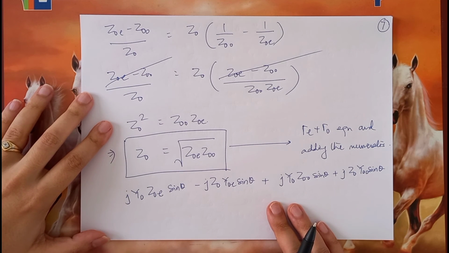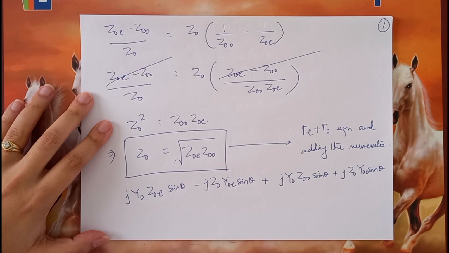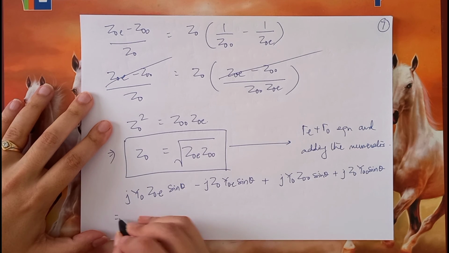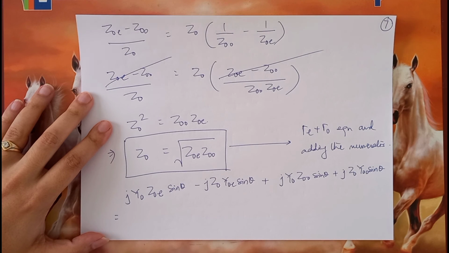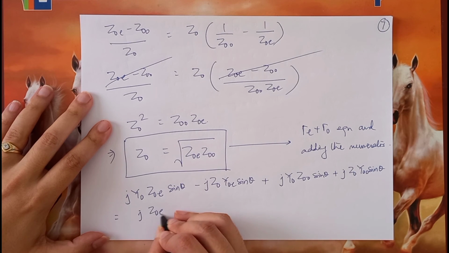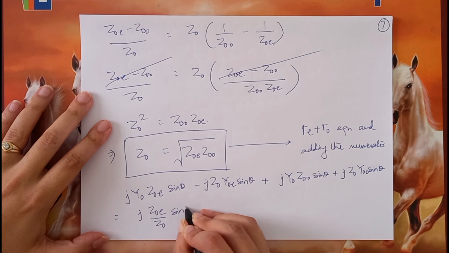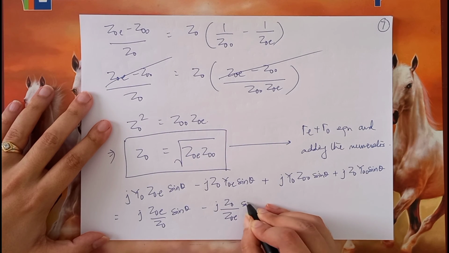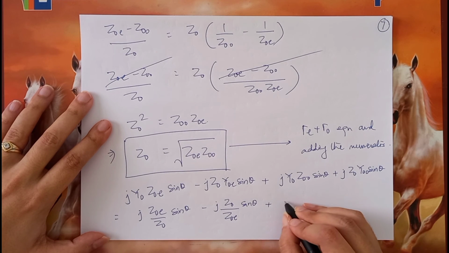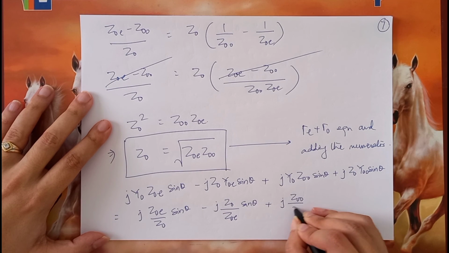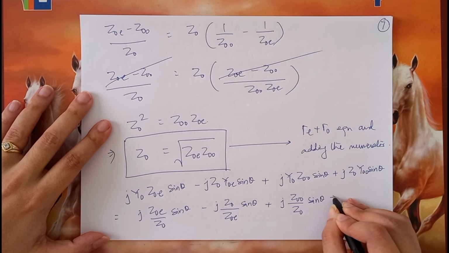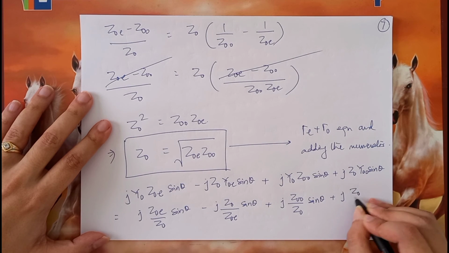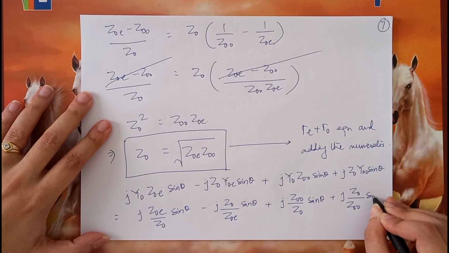So what we can do is, again we will convert these in terms of impedances, which will be now j Z0e by Z0 sin theta minus j Z0 by Z0e sin theta plus j Z0o by Z0 sin theta plus j Z0 by Z0o sin theta.